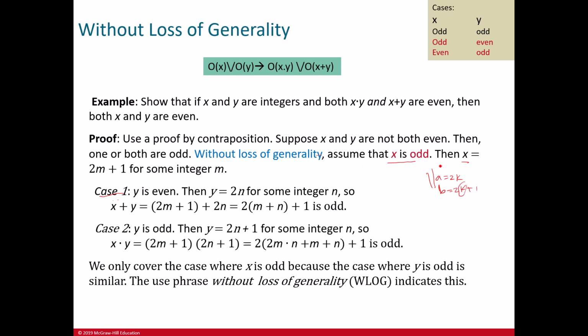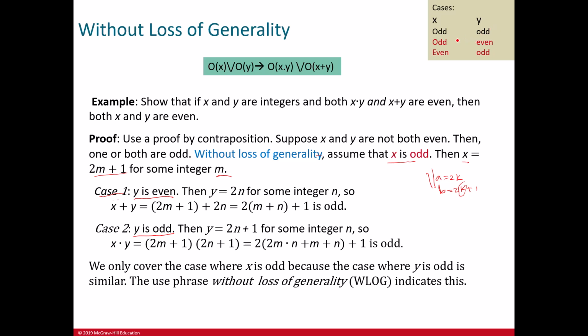So because we assume X to be odd, it's 2m plus 1, where m is an integer. Then I consider one case where Y is even, which is this case, and then the case when Y is odd, which is the top case.